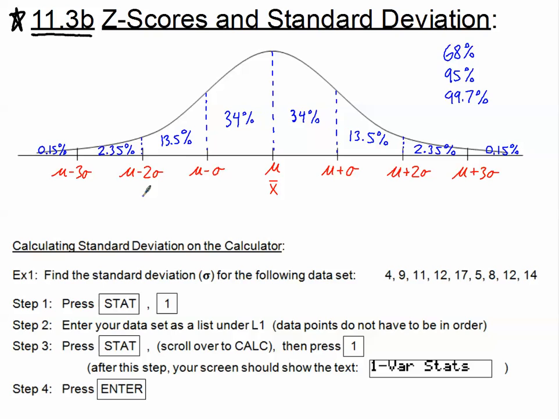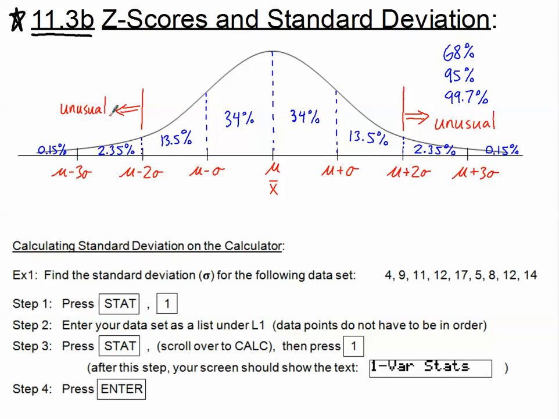Today we're possibly going to see some unusual data. And what I mean by unusual data is any data that happens to be more than 2 standard deviations away from the mean, or lower than 2 standard deviations away from the mean. This is considered statistically unusual data.